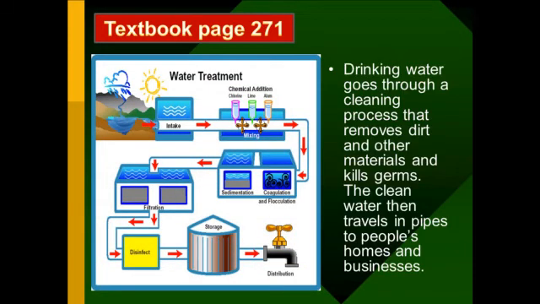Now, the water treatment. Drinking water goes through a cleaning process that removes dirt and other materials and kills germs. The clean water then travels in pipes to people's homes and businesses.